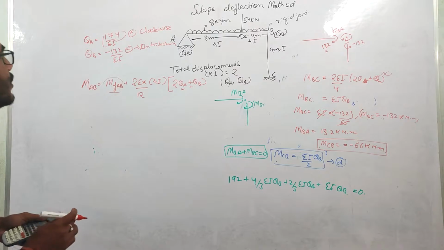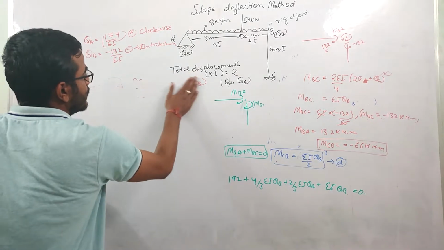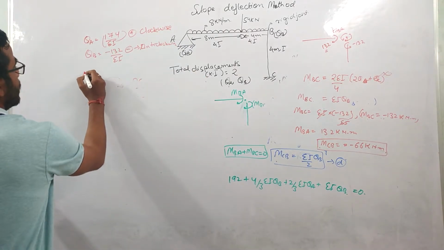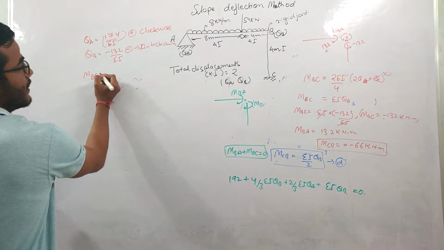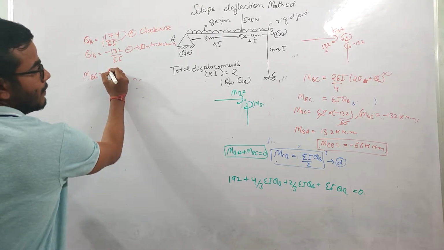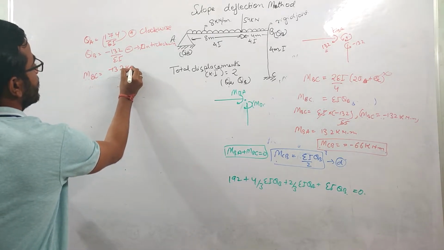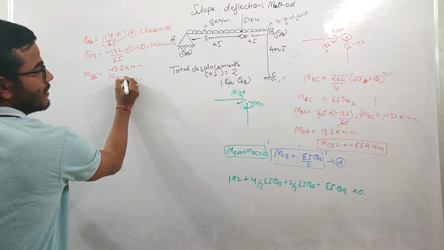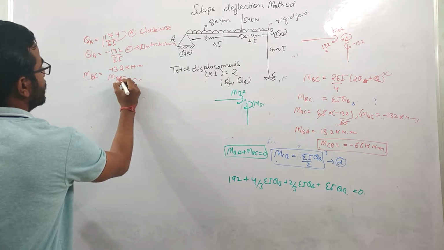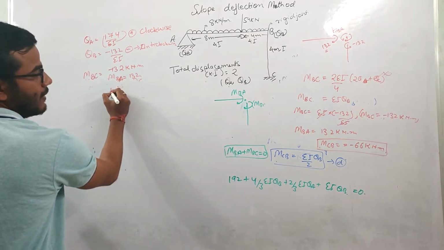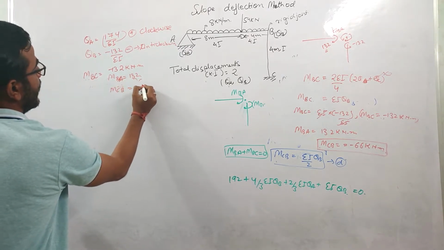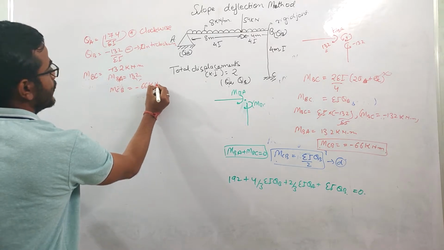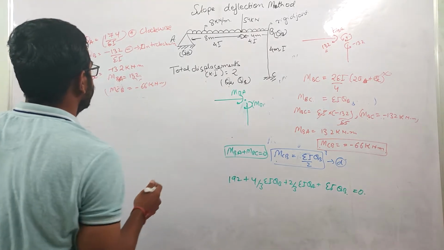So we have calculated all the things. MBC is basically minus 132 kilonewton meter, MBA is equal to 132 kilonewton meter, and MCB is equal to minus 66 kilonewton meter. So the minus sign has some significance here.